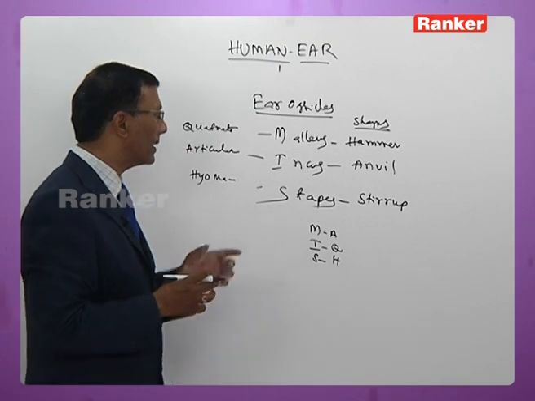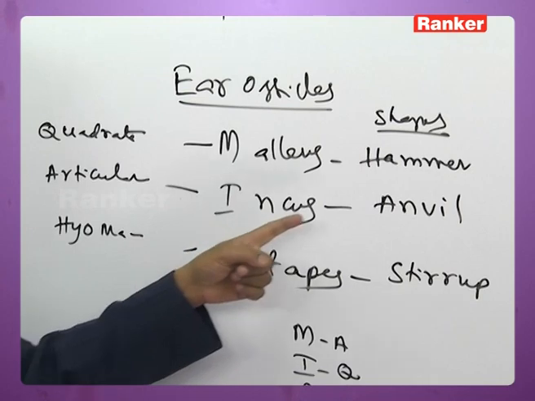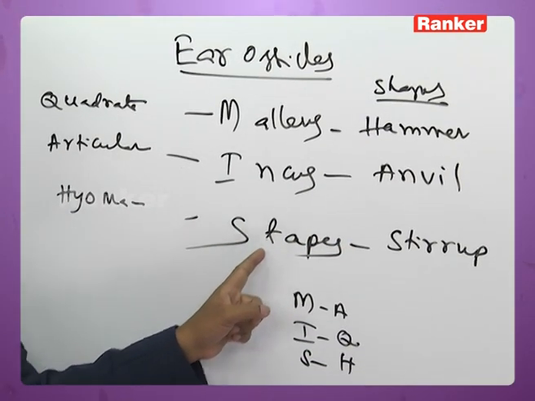I repeat, malleus is hammer shaped, incus is anvil shaped, and stapes is stirrup shaped.